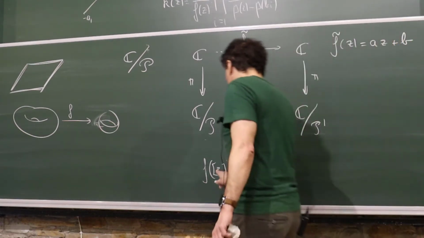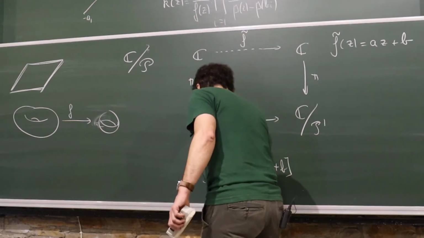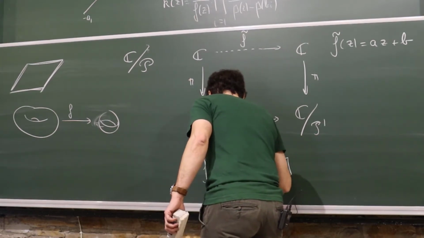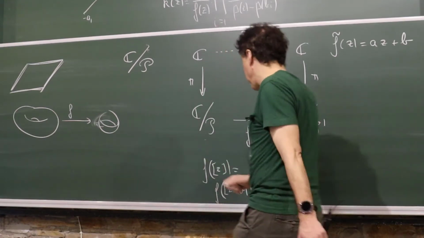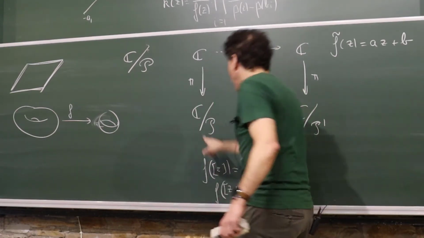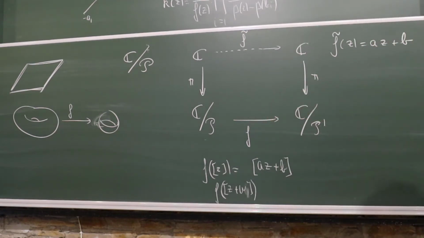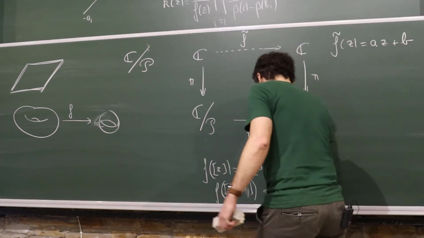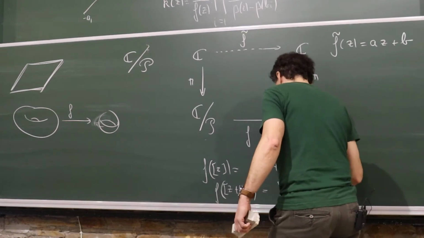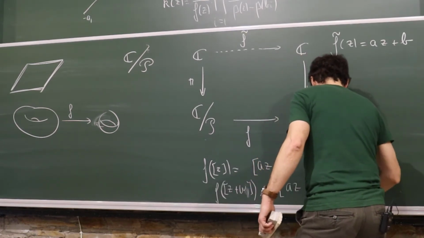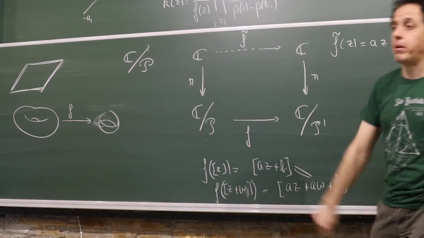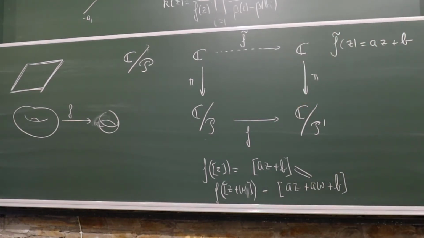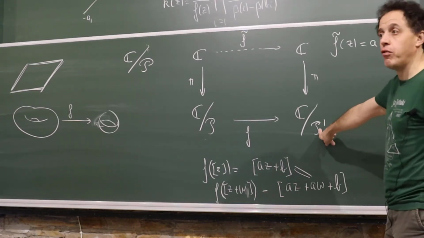So if we take now Z plus omega, for instance, take omega, any point of the lattice P. Well, Z plus omega represents the same element as Z, so the image must be the same. But the image here is A Z plus A omega plus B. So if we want these two numbers to represent the same element here, A omega must be an element of P prime.